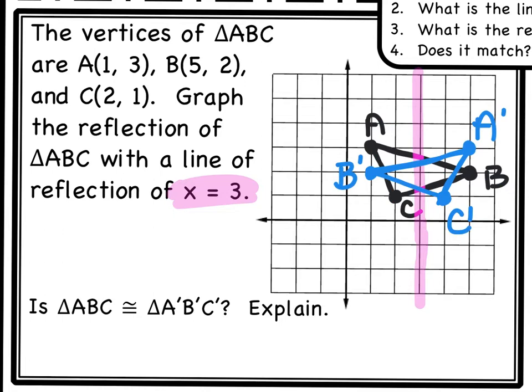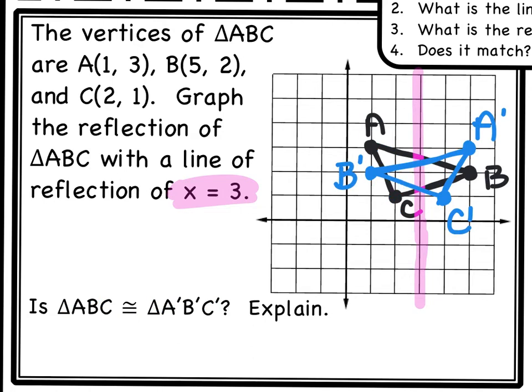Now, instead of writing a reflection rule for this one, I ask you to answer the question down at the bottom here, which is: is triangle ABC congruent to triangle A prime B prime C prime? So I'm asking you if the two triangles are congruent. Well, I can clearly look at these two triangles and see that they are the same size and the same shape. One has just been flipped over.